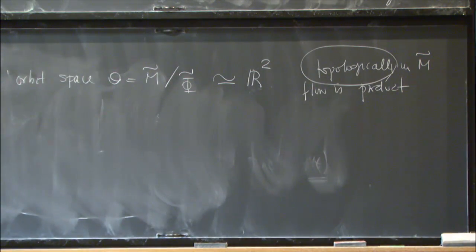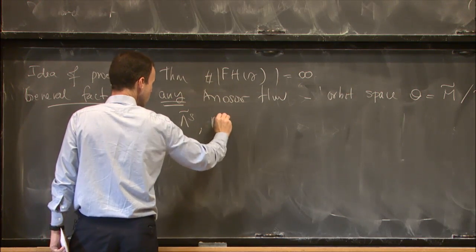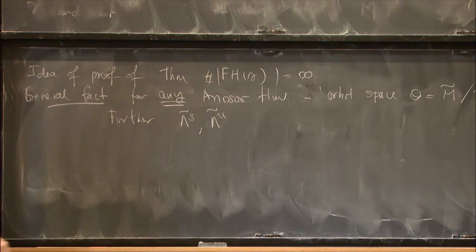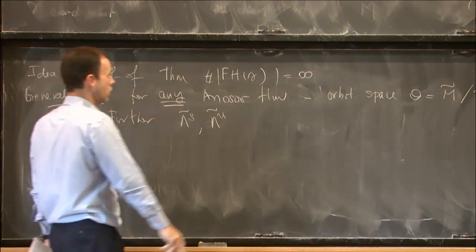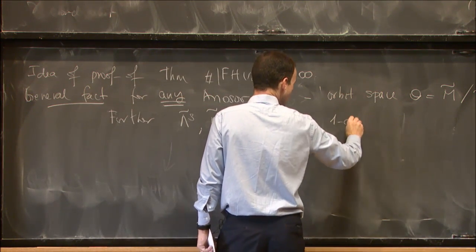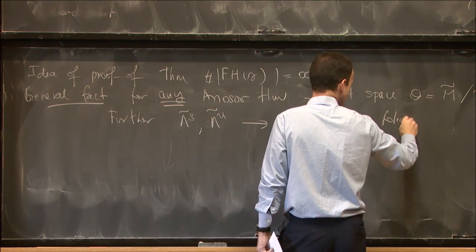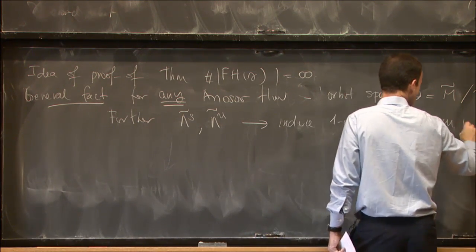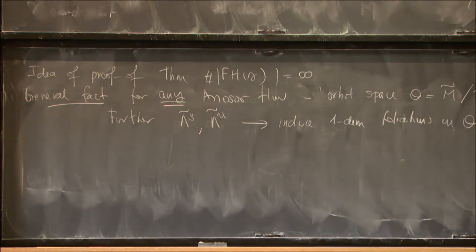Further, obviously, the two foliations, my two-dimensional foliations, are saturated by flow lines. So when you collapse them, this induces one-dimensional foliations in my orbit space. I'm going to do certain arguments here in orbit space which are simpler. Actually, it's a device.